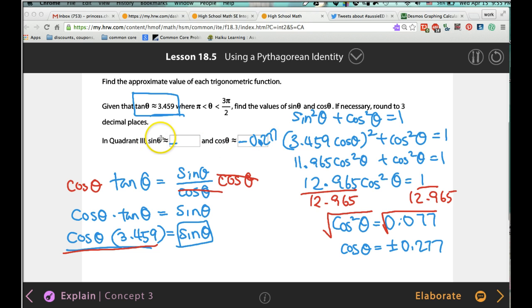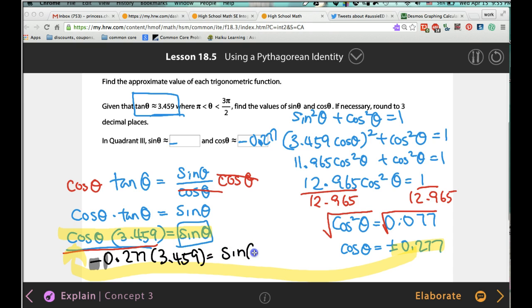So if I want to find sine theta, what do I have to do? I have to go back to this formula right here. Sine theta was equal to cosine theta times 3.459, right? So instead of cosine, now I have the answer. So I'm going to put this number over there where it says cosine. So cosine is obviously negative. So instead of cosine theta, I'm going to put negative 0.277, and then I'm going to multiply that by 3.459, and that's supposed to be my sine theta.